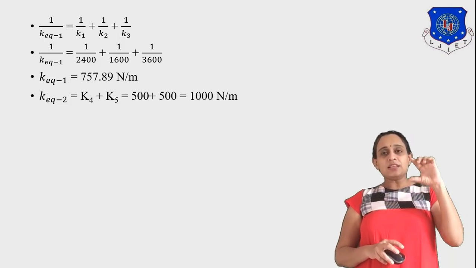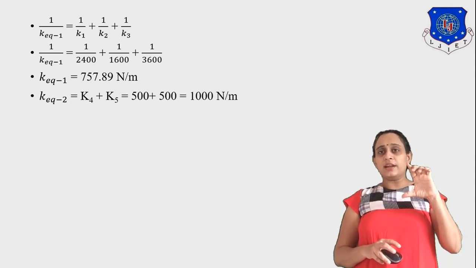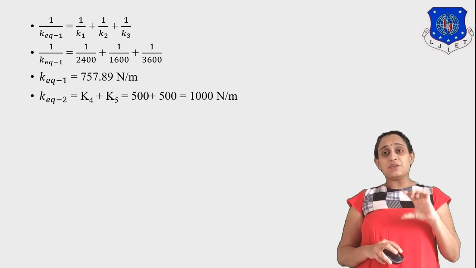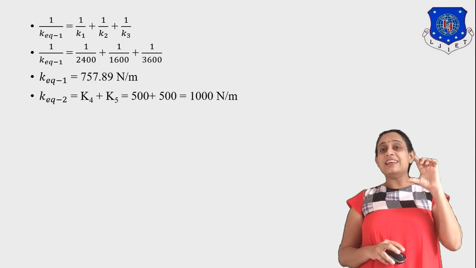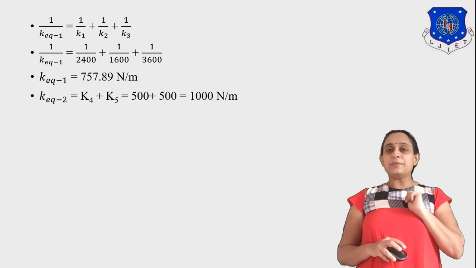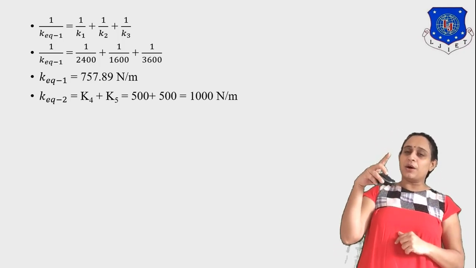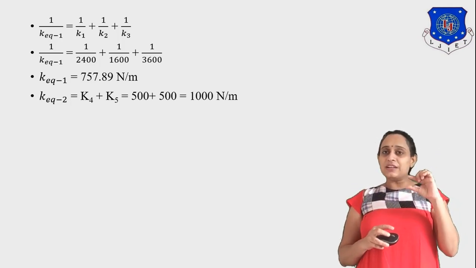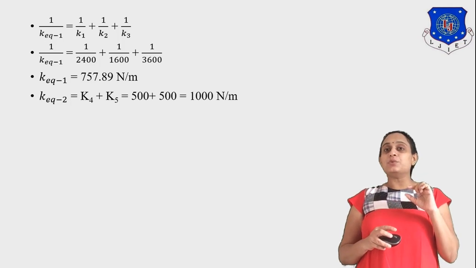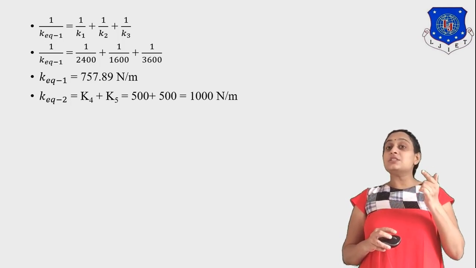Okay, it means the uppermost will elongate more, but because the stiffness of the lower spring is higher than the upper one, it will be less elongated. Okay, it means what? The deflection of the upper side is equal to the deflection at the lower side. The mass will be deflected to only a single side and having similar deflection.